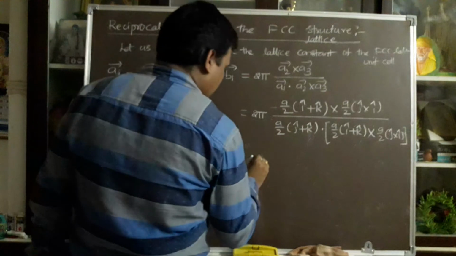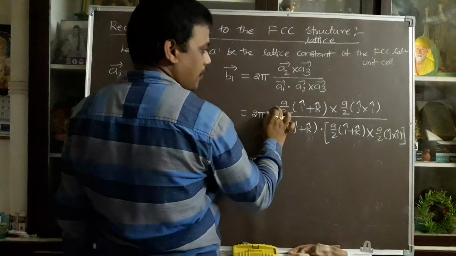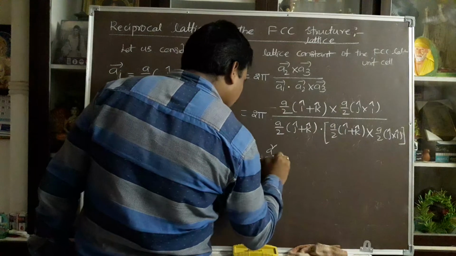So 2 pi into, in the numerator, a/2 into a/2, a square by 4.